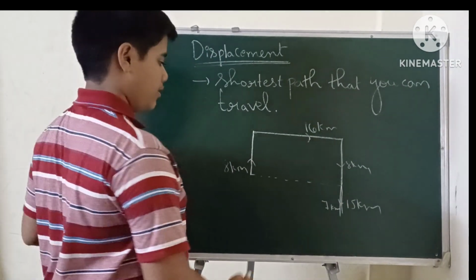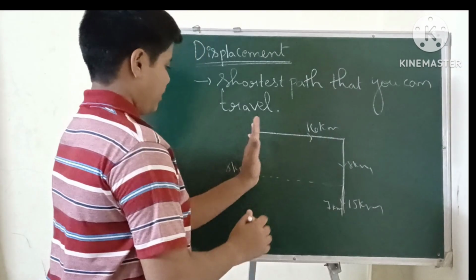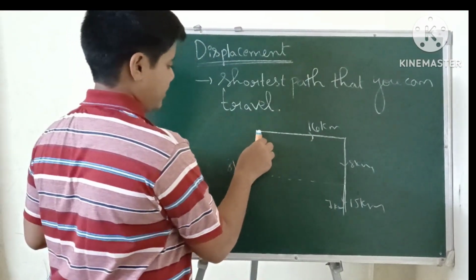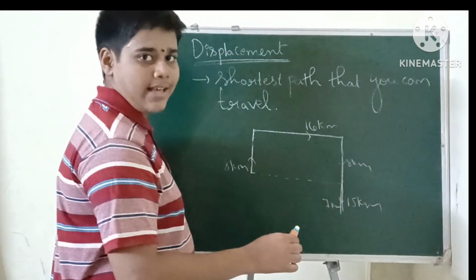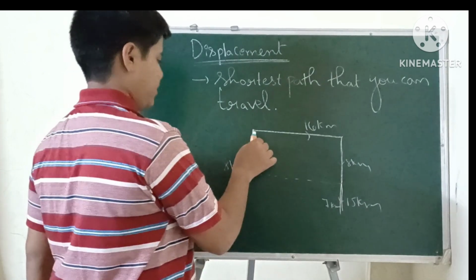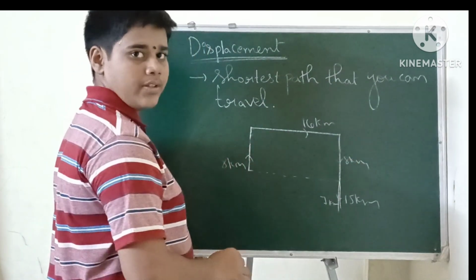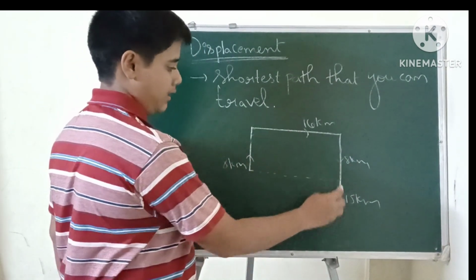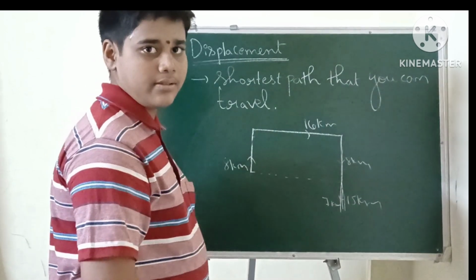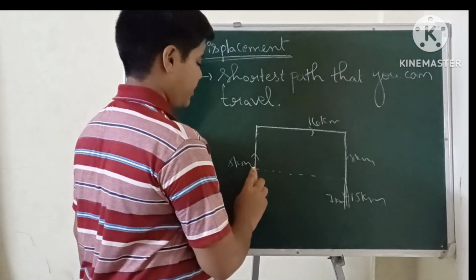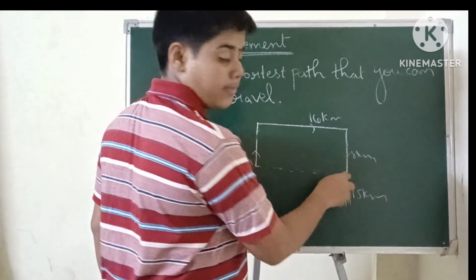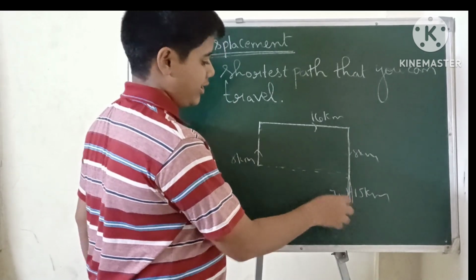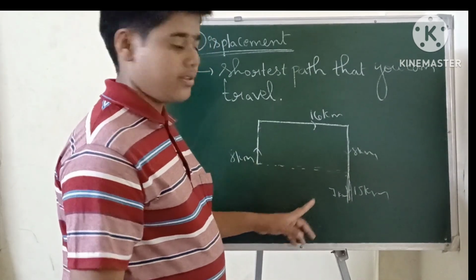Here I am sliding this vector to this side, as in vectors. So it becomes 8 kilometers and the remaining is 7 kilometers.